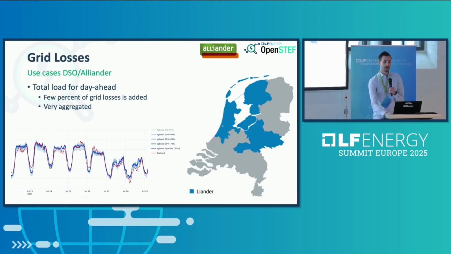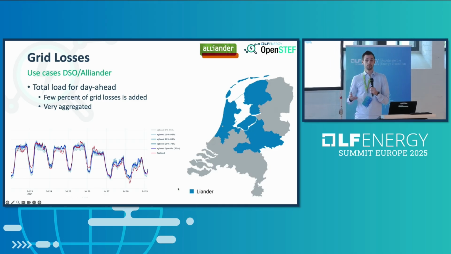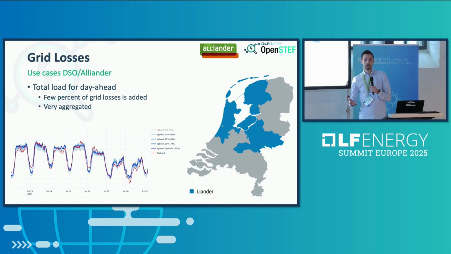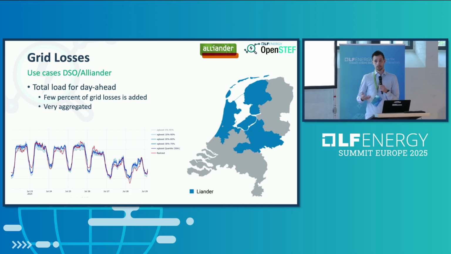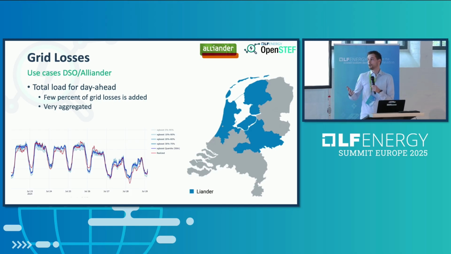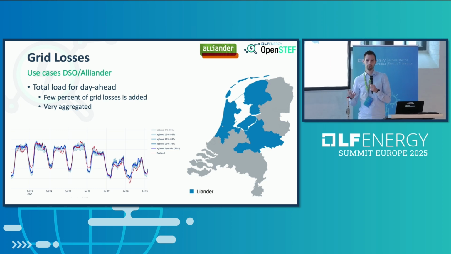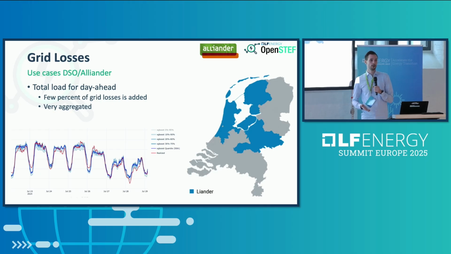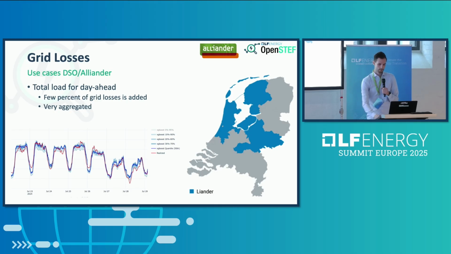You have a quite aggregated signal with really different characteristics from, for example, individual customers or secondary substations lower in the grid that you would typically use for congestion management. And there you also see that different features are more important, like whether it's a holiday or not. So the focus is also quite different for this use case, and therefore we have also spent quite some time in openSTEF to make forecasts work well for these more aggregated signals.